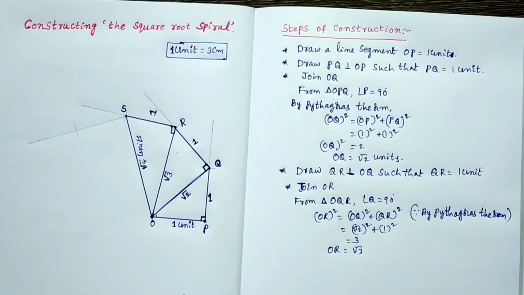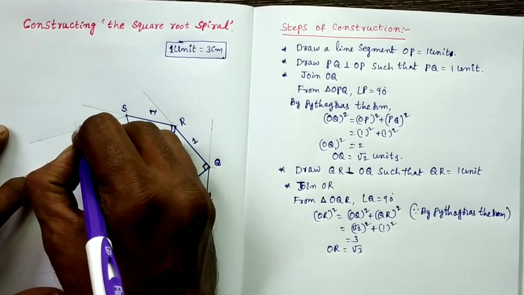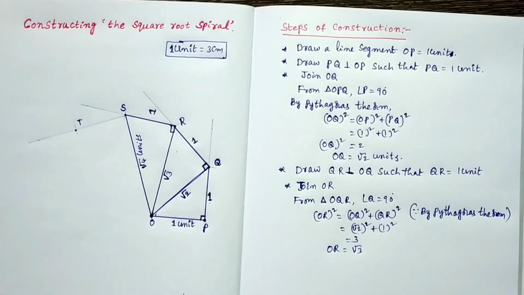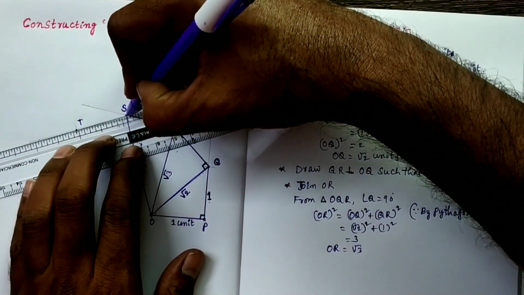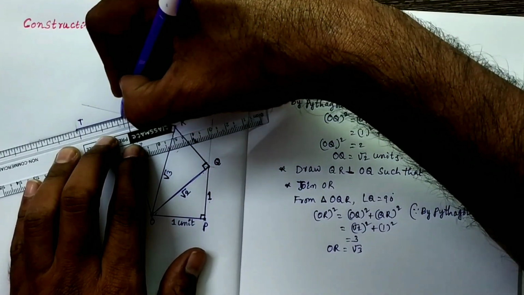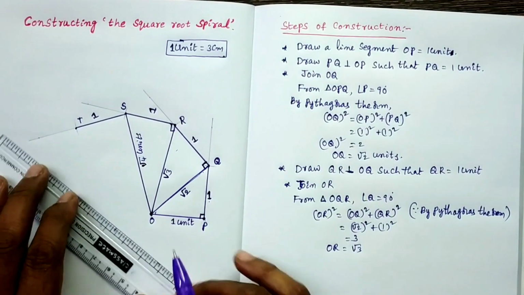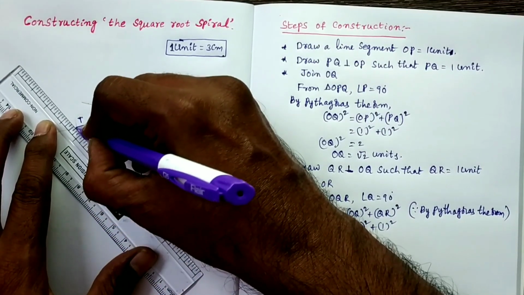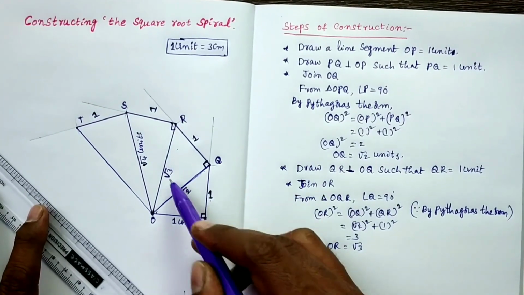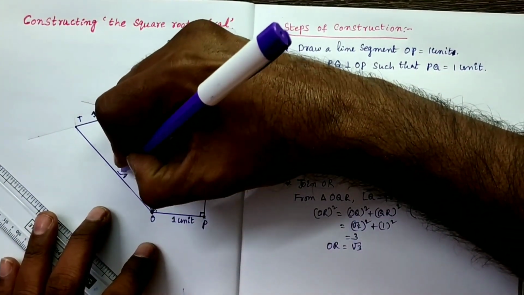It cuts the perpendicular line at T. So this is T. And ST also 1 unit. You join OT. This is square root 2, square root 3, square root 4. Next this OT will be square root 5.